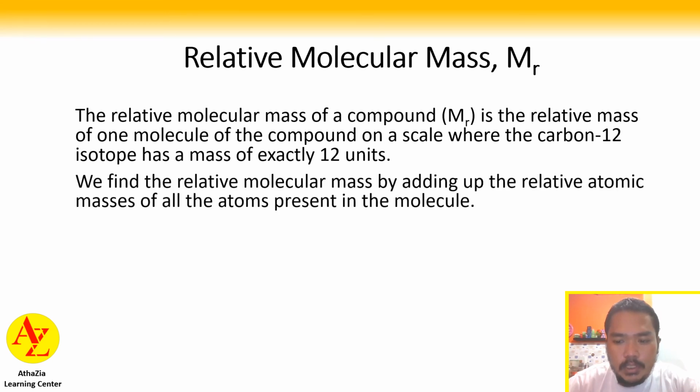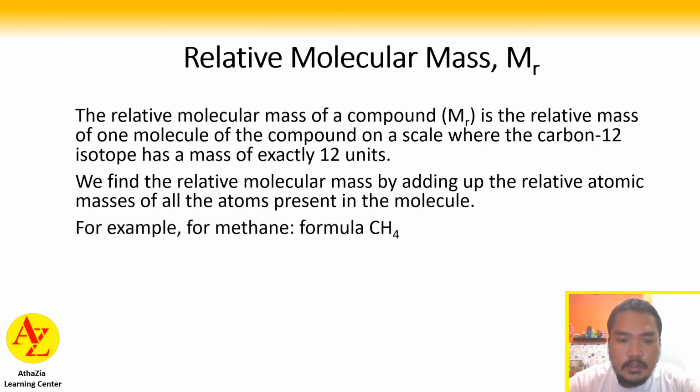We can find the relative molecular mass by adding up the relative atomic masses of all atoms present in the molecule, depending on the ratio of the atoms in the molecule. For example, methane has the formula CH4, so we have one carbon and four hydrogen.